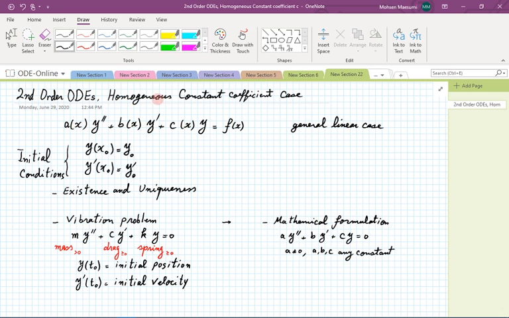Next item, the terminology homogeneous refers to the right-hand side being 0. So when the right-hand side is 0, the equation is called homogeneous. We are going to explain later on what that means. It essentially means the forces in the problem are limited to what we have mentioned here. If you have an external variable force, that typically is a more complicated problem. We are going to look at that at a later stage.